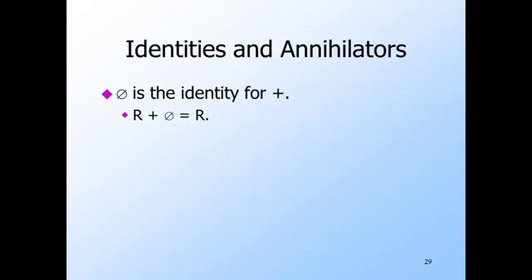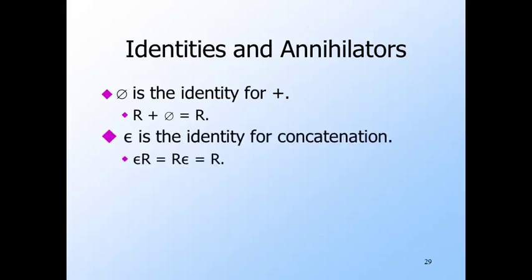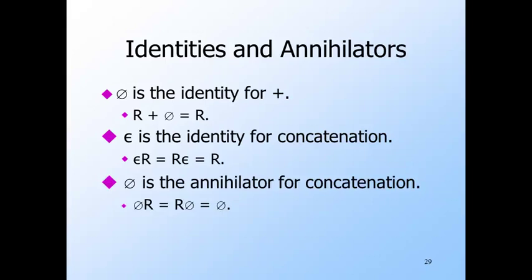Obviously, taking the union of the empty set with any set yields that set. The language containing only the empty string is the identity for concatenation. Concatenating any string S with the empty string yields S, so concatenating the language represented by the regular expression epsilon with any other language, say the language represented by regular expression R, will result in the same language, the one represented by R. Finally, the empty set is the annihilator for concatenation.